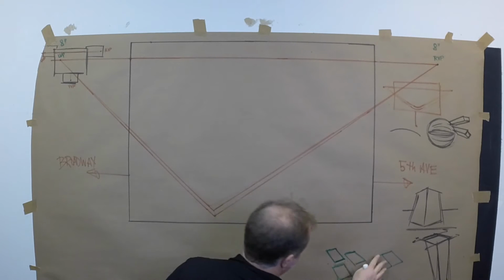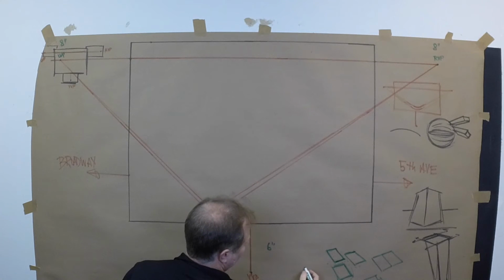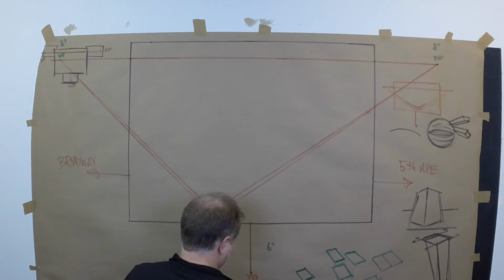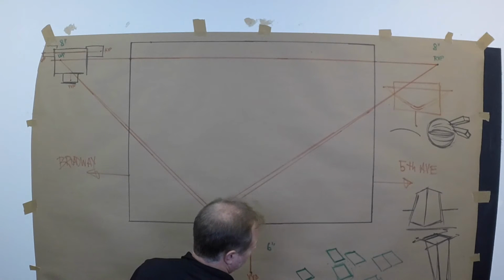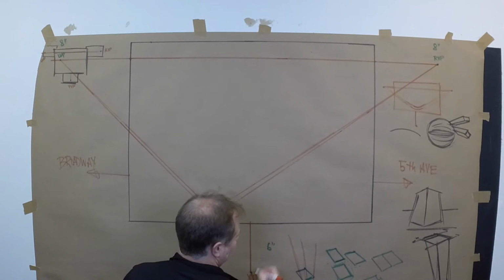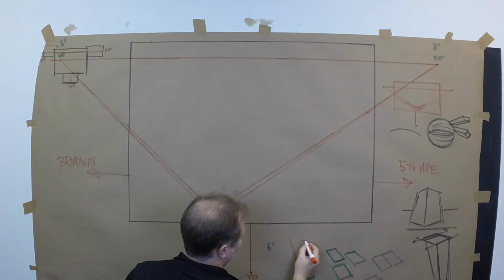Now, procedurally, what will happen is we'll have a bottom of a box, bottom of our building, and then we'll be building from the vertical vanishing point up and up and up to build our three-point building.